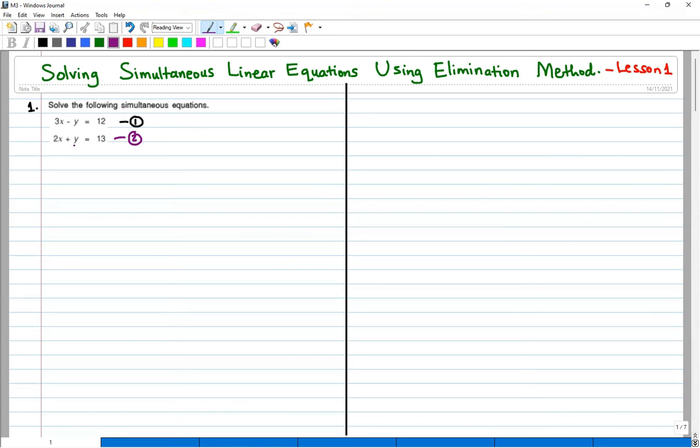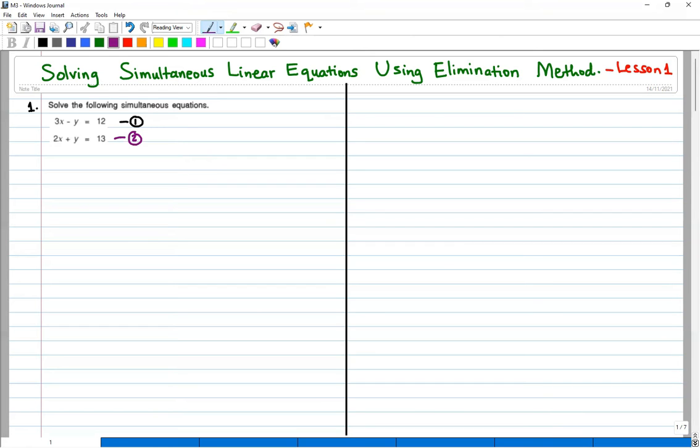Elimination tells us that we can take away one variable. You may decide to eliminate x, or you may decide to eliminate y. But sometimes you may find that one variable is easier to remove than the other. So when you look at them, you see which one is easier to eliminate.